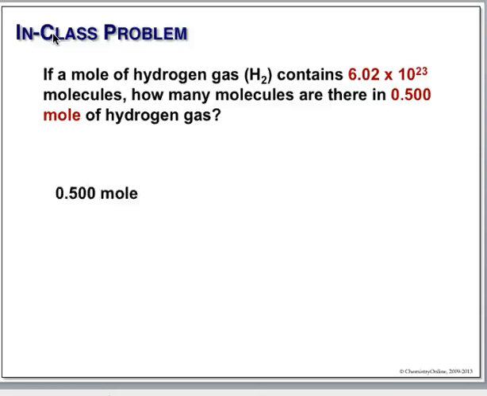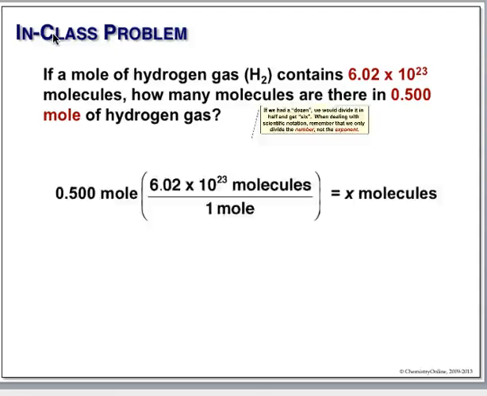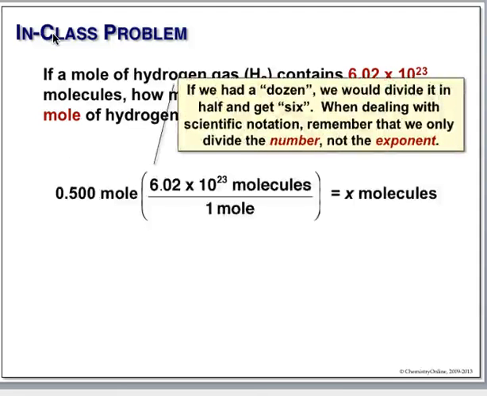Our given has units of mole, so in our ratio, mole must be in our denominator. Moles cancel. And our answer is simply 0.5 multiplied by 6.02 times 10 to the 23rd. This would be 3 times 10 to the 23rd.